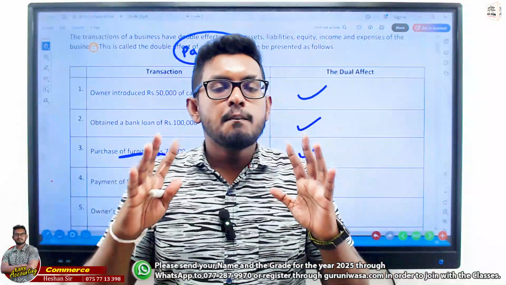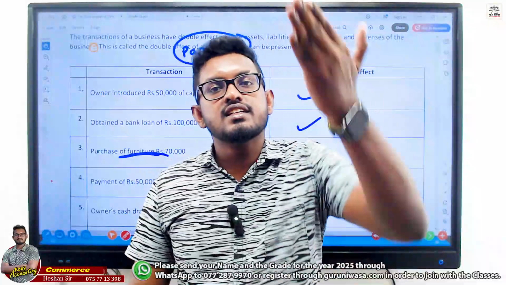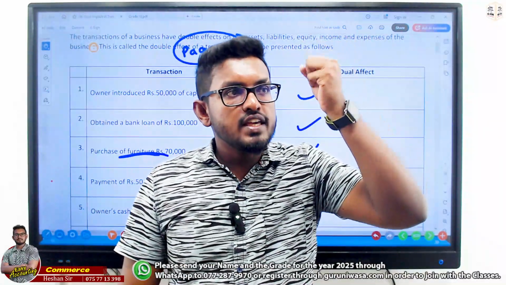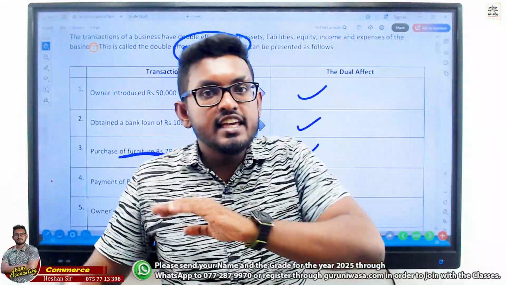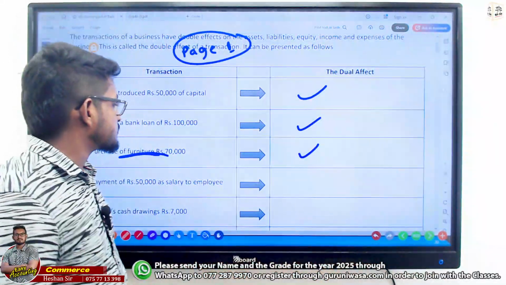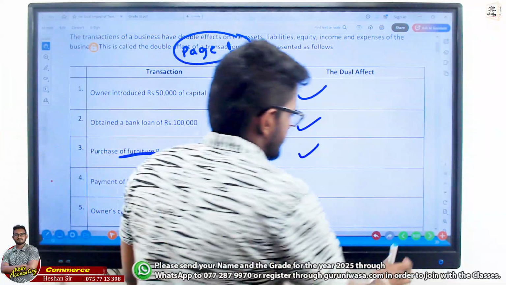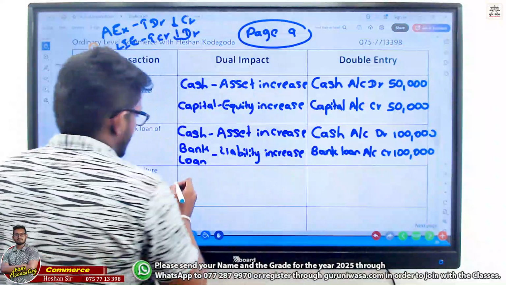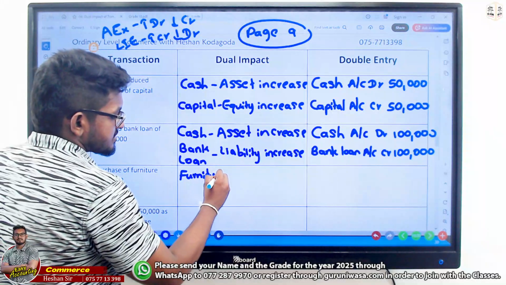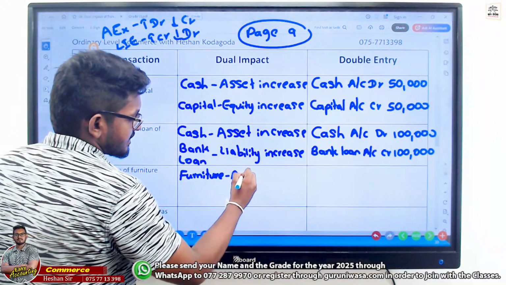So when we purchase furniture, furniture asset increase. Understand? Because we can use it. We give cash to purchase the furniture. So cash asset decrease, right? This is not the stocks. Just remember, furniture asset increase. Write it in the same page number 9. Furniture asset increase.